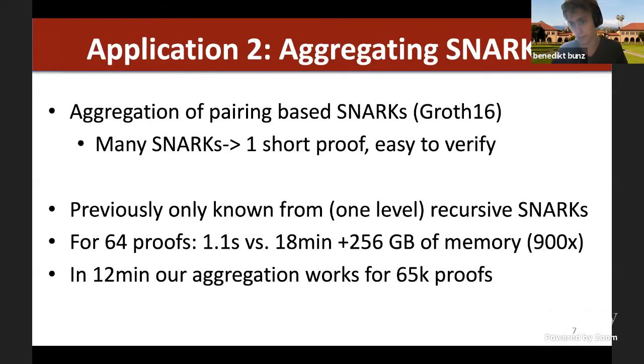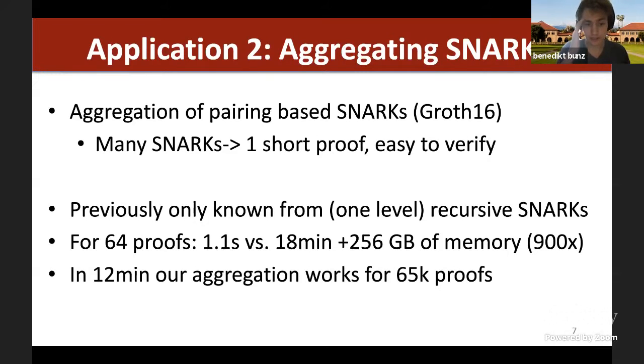In particular, this isn't a generic protocol that works for any snark. This works in particular for pairing-based snarks like Groth16. And previously, as I said, this was only known from one-level recursion. The key benefit here is that our aggregation protocol is completely algebraic. So it doesn't rely on these very expensive NP reductions.